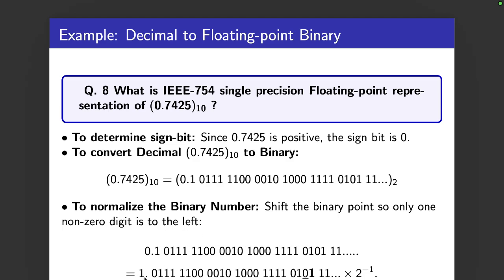So this is 0.1000..., and shifting so that only one non-zero digit is to the left gives 1 point something, times 2 to the power minus 1. The binary point shifted one place to the right, so this is 2 to the power minus 1.